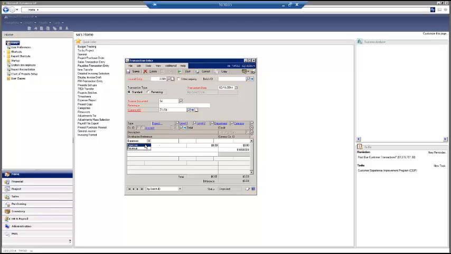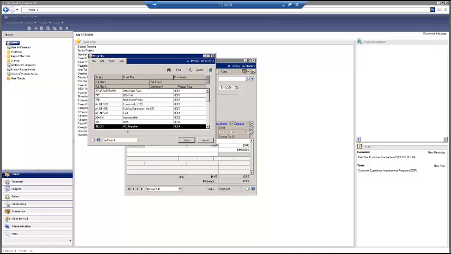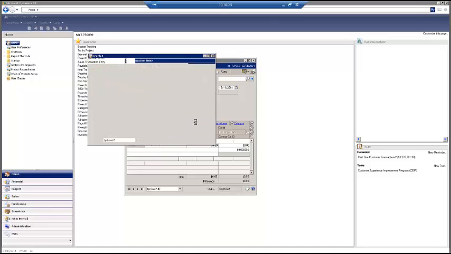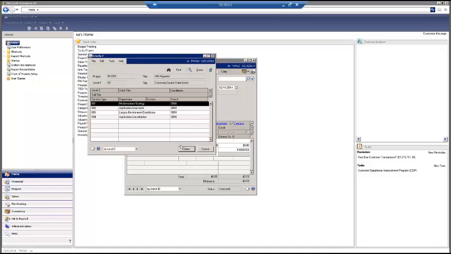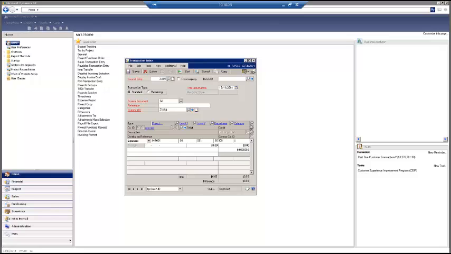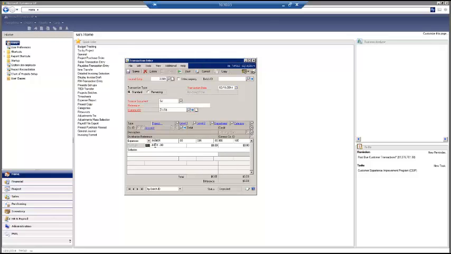So whether that be an expense or a revenue line, we can go ahead here and choose our project, how that breaks down into the different sub-levels, and then pick a cost, and that even generates one side of the entry. So that's for our general ledger transactions.